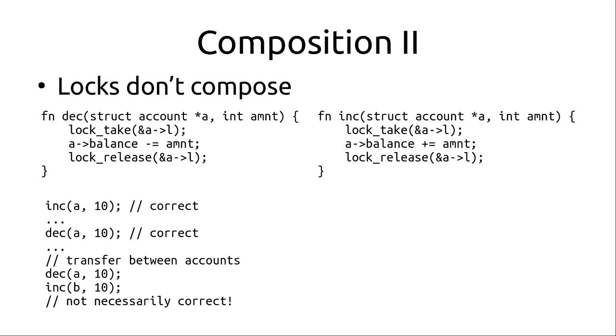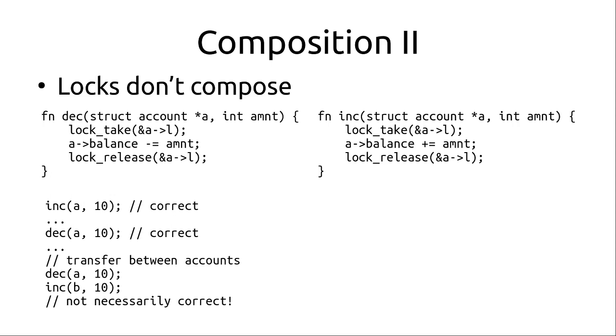We've already taken 10 units away from account A, and we would expect that transfer semantics means that 10 units are now in B. But in fact, that's not the case here. We're in some sort of a weird limbo between dec and inc, whereby the whole system is essentially missing 10 units worth of currency, right? So that is not necessarily correct and is going to cause some very strange problems.